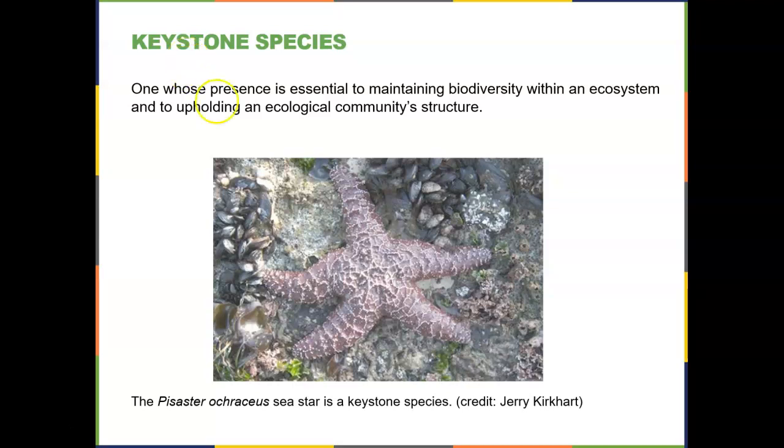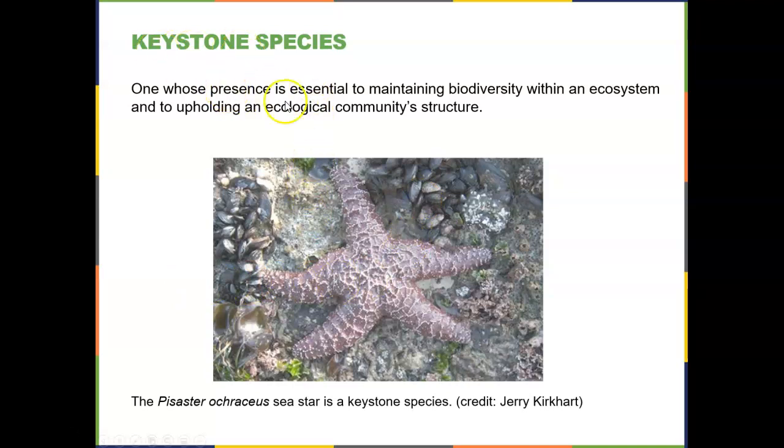For example, here we have a sea star, which is a keystone species, and it's going to consume mussels, which are primary consumers. The mussels are going to eat algae, etc. And we don't want the primary consumers to get out of control in numbers. So these sea stars are going to keep their numbers in check. So they help to maintain the ecosystem.